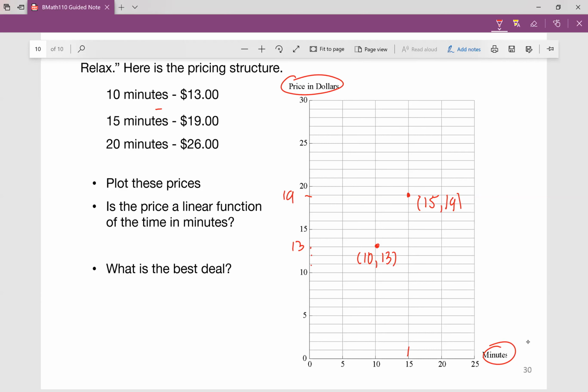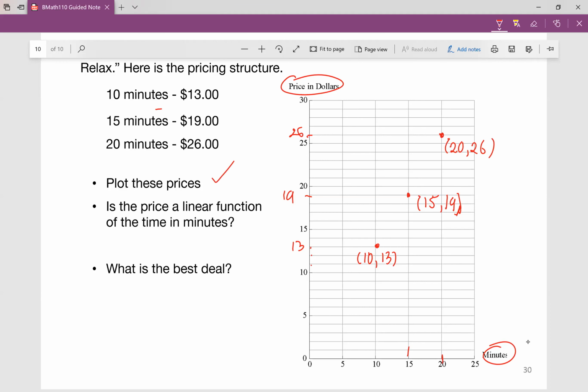What else? 20, here, 26. So then this should be the plot. And that is 20, 26. Plot this price. Okay, we did.